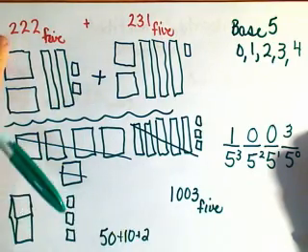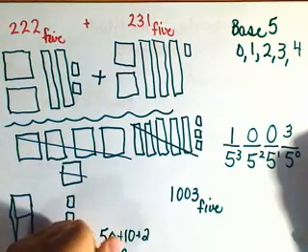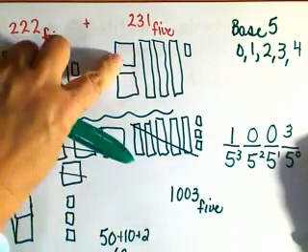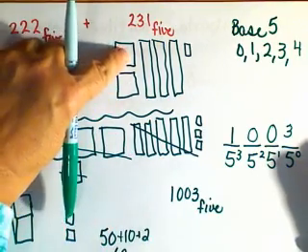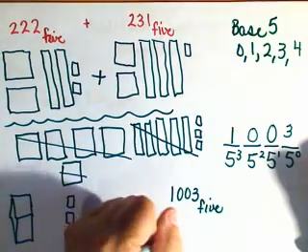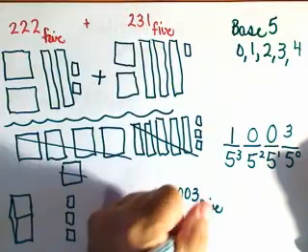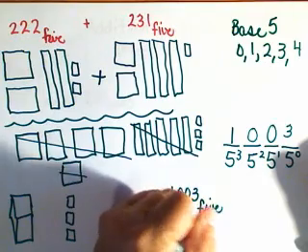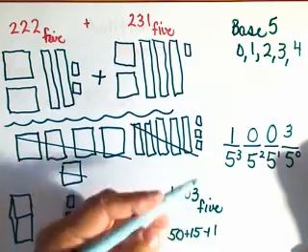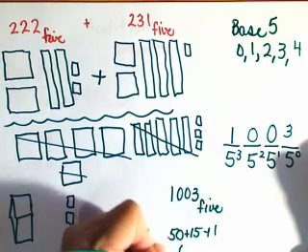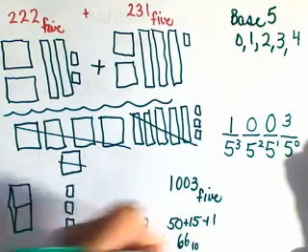Here I have 2 units. So 222 base 5 is 62 base 10. And 231 base 5 is 25 times 2 is 50, 5 times 3 is 15, and 1 unit. So that gives me 50 plus 15 is 65, and 1 is 66.